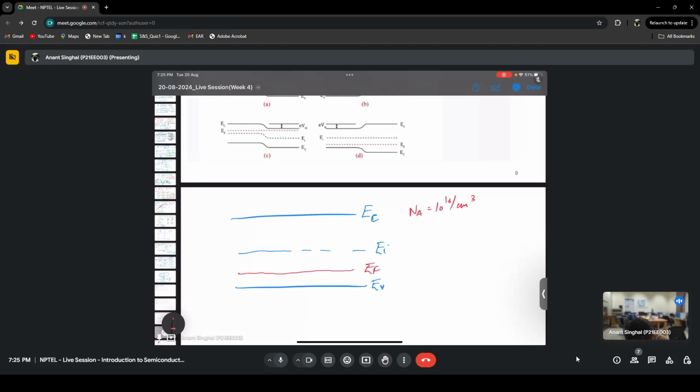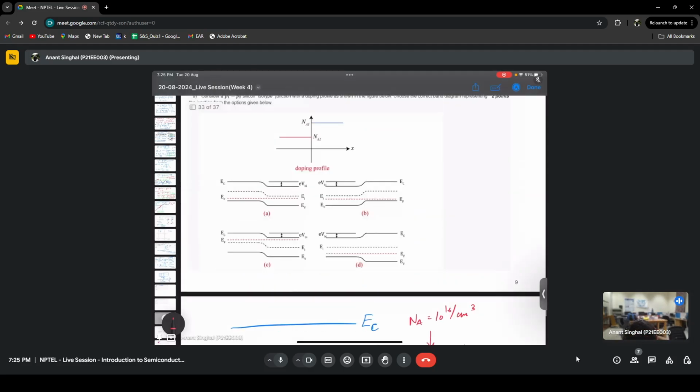Can someone tell if I have a Na of 10 raised power maybe 18 per centimeter cube, what will happen to the Fermi level? Will it go up? Will it go down? Get closer to valence band. Yeah. So higher the concentration, the Fermi level will go closer to the valence band.